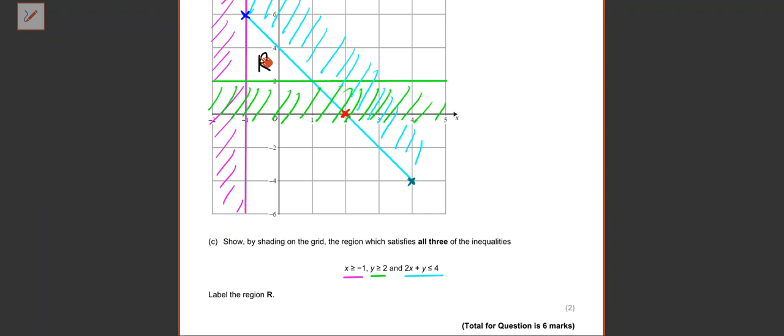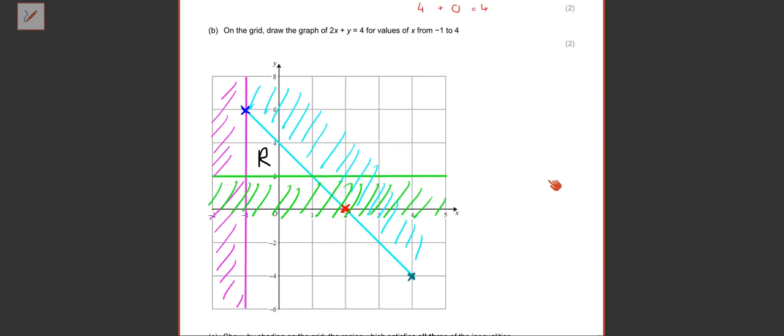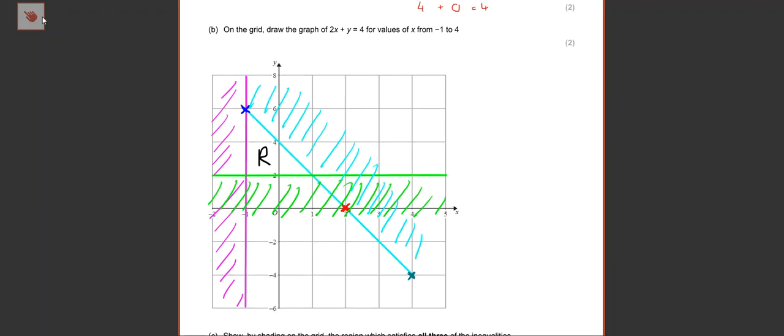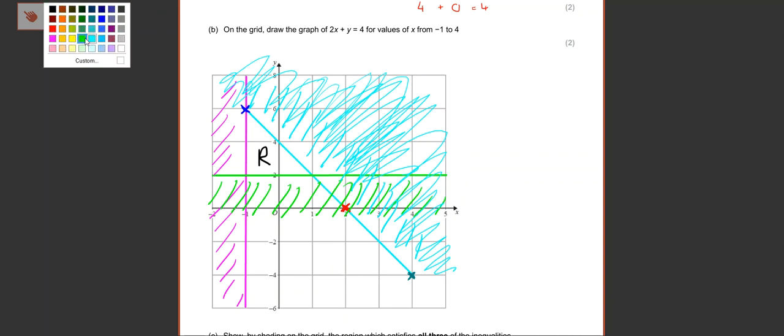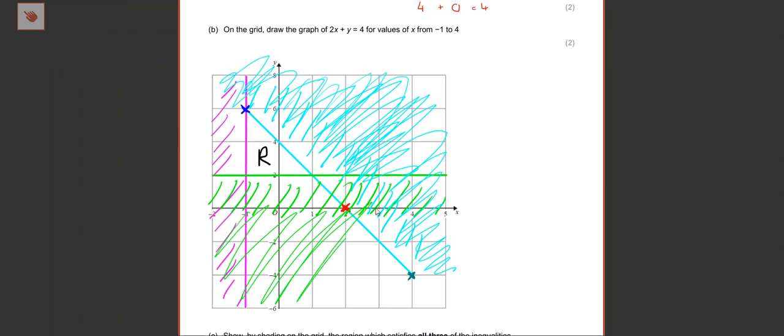The blue region is all the way up there, right? So basically I'm saying that you are not allowed to use anything above that line, so I've shaded everything above that line. So this line is the blue line, the one that you did for part A. And then the green, I'm not allowed to use anything below it.